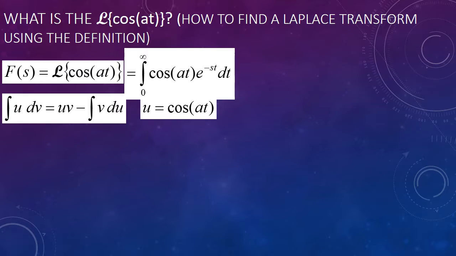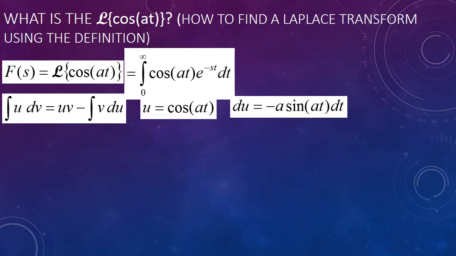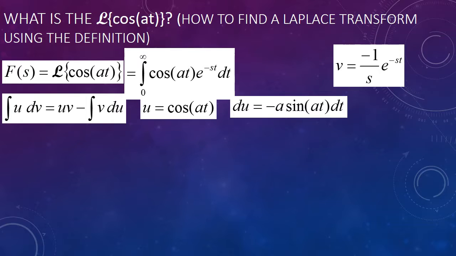So I need to find my u's. I'm going to say u is cosine at. That gives me my du of this. I'm going to define my dv as e to the minus st dt, and that gives me a v of this.